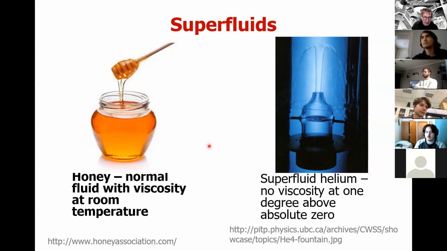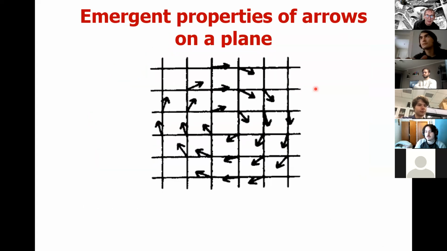Roughly speaking, honey is a normal fluid with viscosity at room temperature, so it flows, it's viscous and so on. Superfluid helium, roughly speaking, has no viscosity at say 1 degree above absolute zero. And we will talk in detail about whether this statement is really true. It's not quite true. And we'll talk about what superfluidity really means.